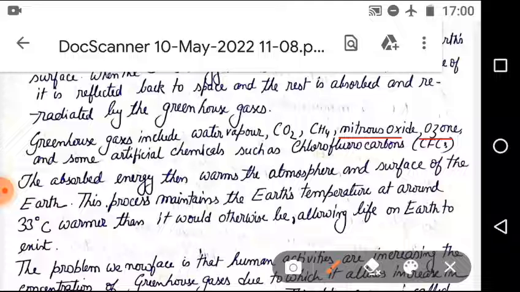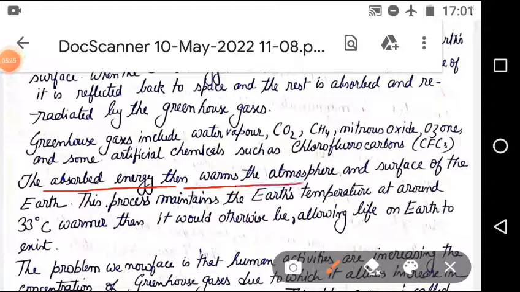Some artificial chemicals are also there, like chlorofluorocarbons, which are called greenhouse gases. So greenhouse gases normally are water vapor, carbon dioxide, methane called CH4, nitrous oxides, ozone, and some artificial chemicals like chlorofluorocarbons.